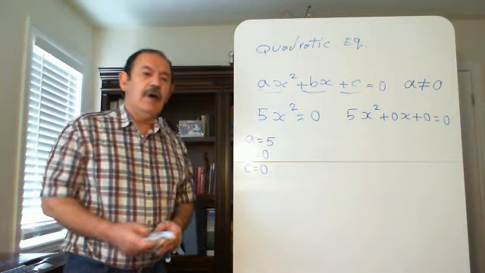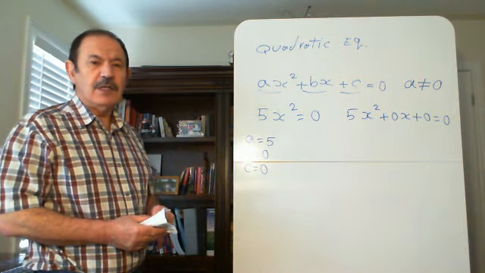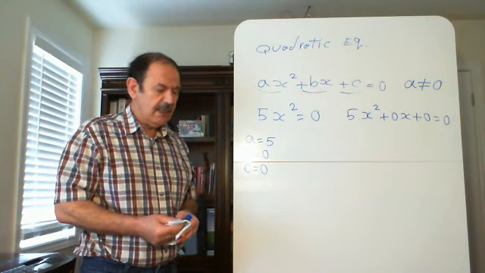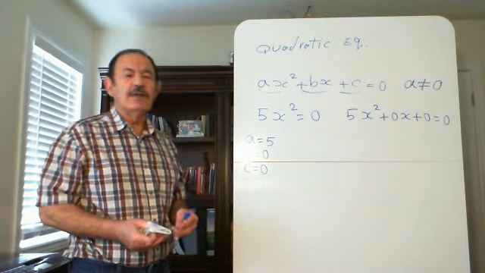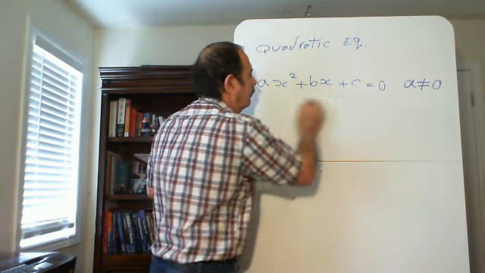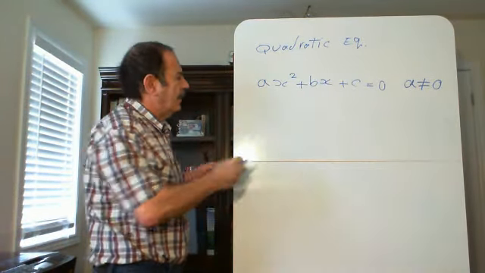Now, not all the quadratic equations are in the standard format. Sometimes we need to convert the equation to the standard format. As an example, look at this one: 3x squared minus 5x is equal to 7.